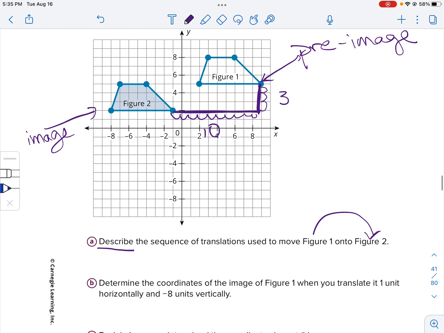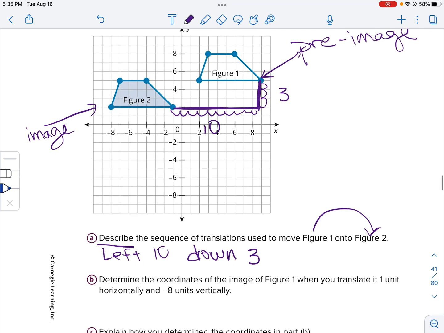Now, if I was to put it in words, I went left 10, and I went down 3. If I was going to put it in coordinates, I would have said x minus 10 and y minus 3.